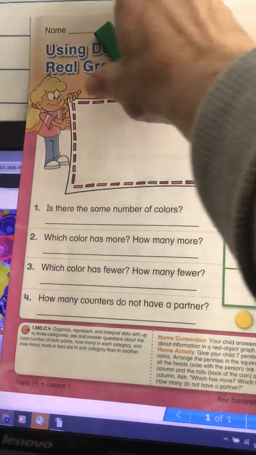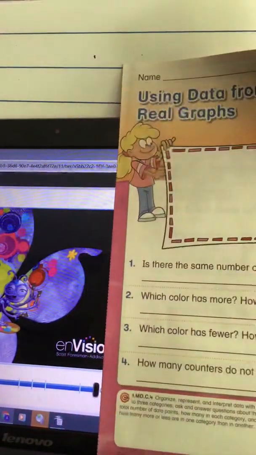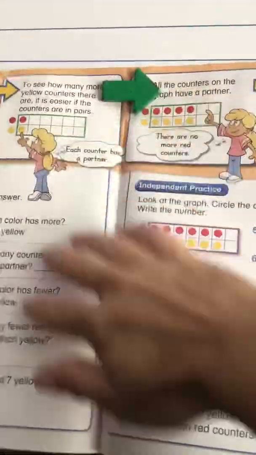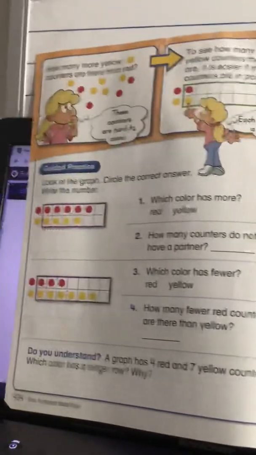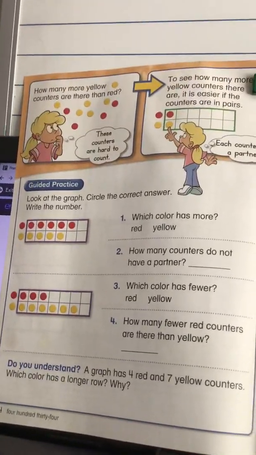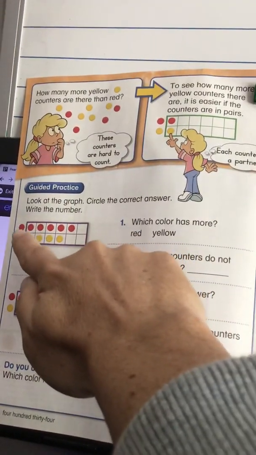So when you are ready, open up to the inside. And they are showing us some red and yellow counters to use to answer our questions. So the two counters on the side there, we're not going to count.